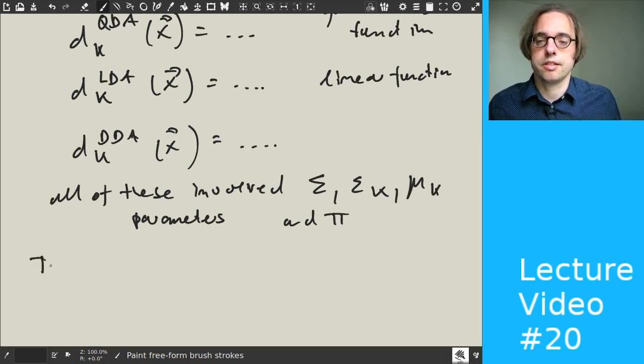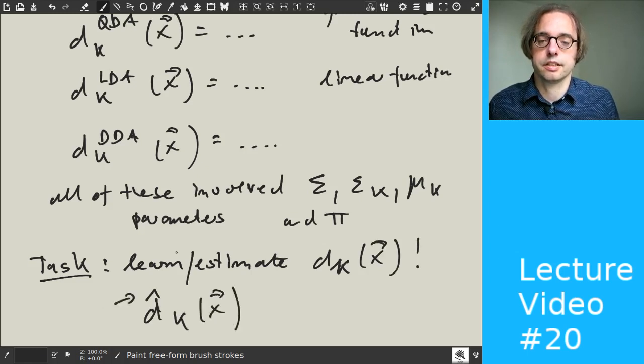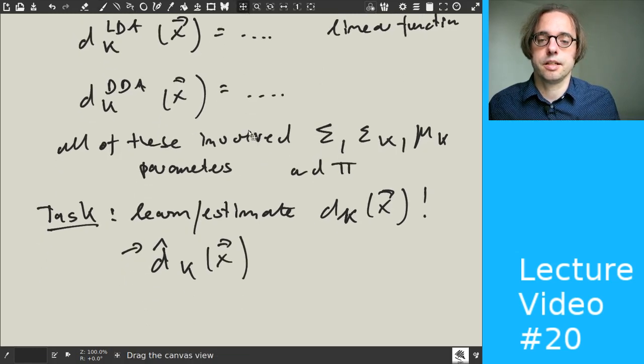So our task is to learn or estimate dk. We need to get a function like this, dk of x with a hat on top, and this hat comes from the training data.